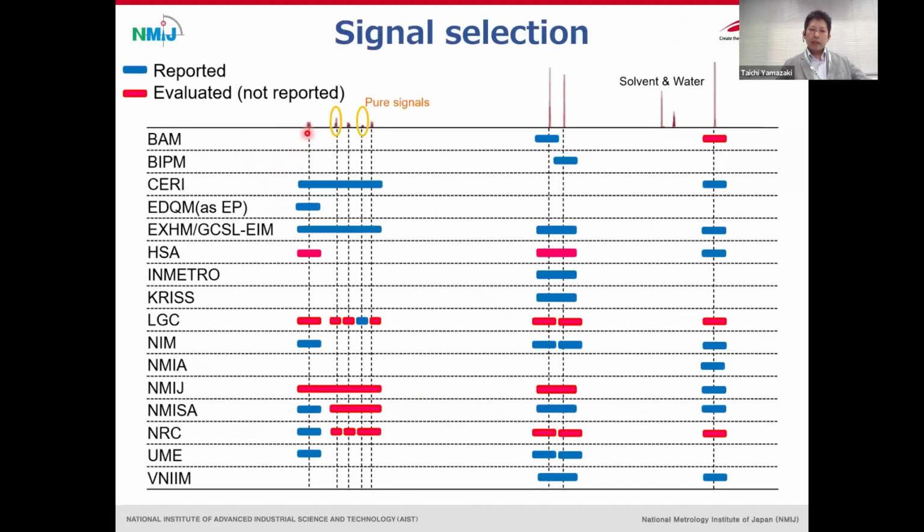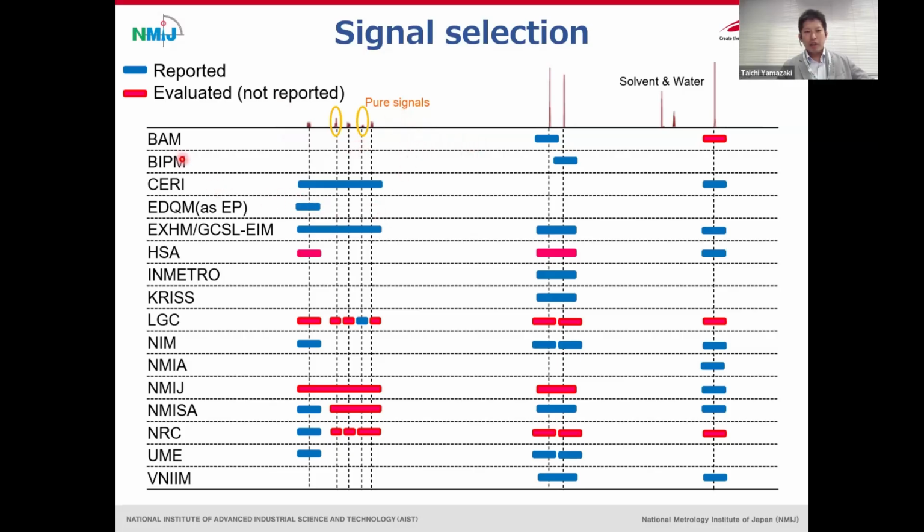In this comparison, we discuss the signal selection first, because the protocol is almost free. So there are many kinds of results, and we need to discuss many kinds of factors.